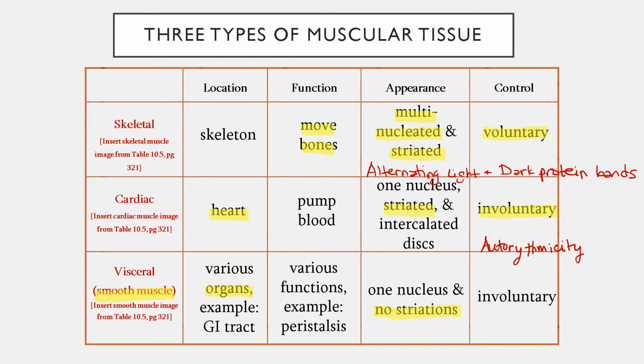Now, the action of smooth muscle is usually involuntary, and some smooth muscle tissue, such as the muscles that propel food through your gastrointestinal tract, also have some autorhythmicity. Both cardiac and smooth muscle are regulated by neurons that are part of the autonomic division of the nervous system. And they're also controlled by hormones released by endocrine glands.